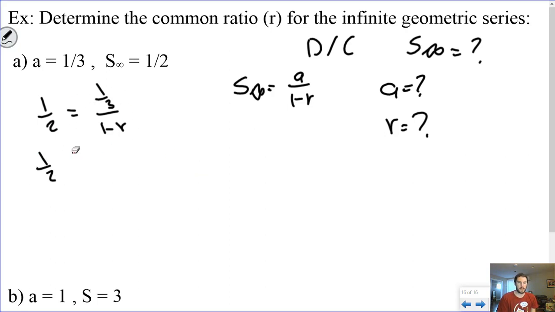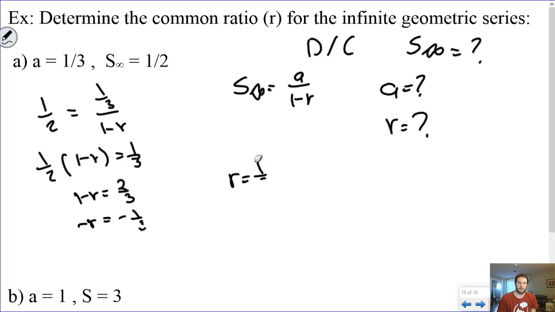I get 1/2 times 1 minus r is equal to 1/3. 1 minus r is equal to 2 over 3. Negative r is equal to negative 1/3. So then r is 1/3.